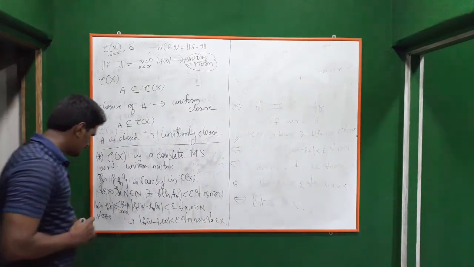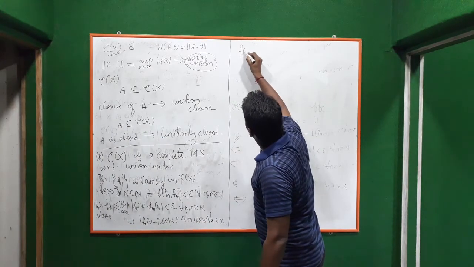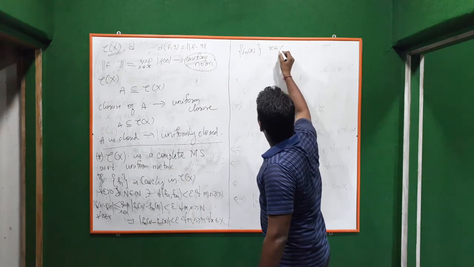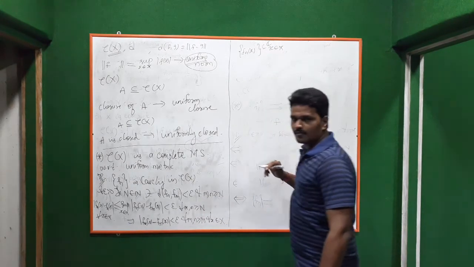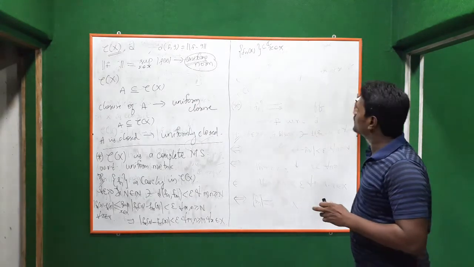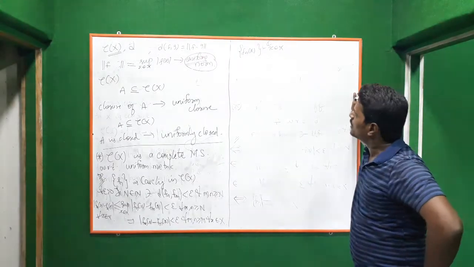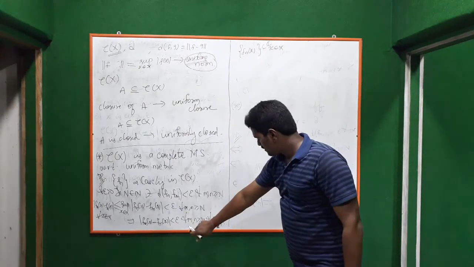Fine. But now if you see this, what do you have? We have a sequence Fn of x for x in X. So this is a sequence inside the complex plane. So C is a complete metric space. The set of all complex numbers is a complete metric space. So inside the complex numbers, we have a sequence which is Cauchy.